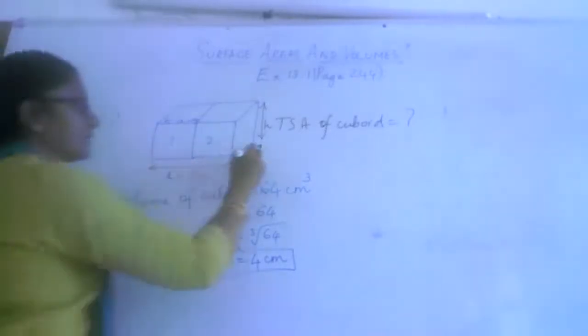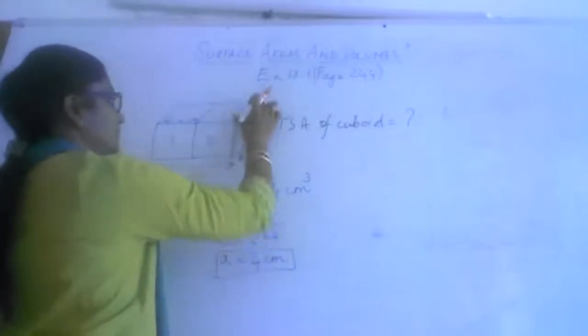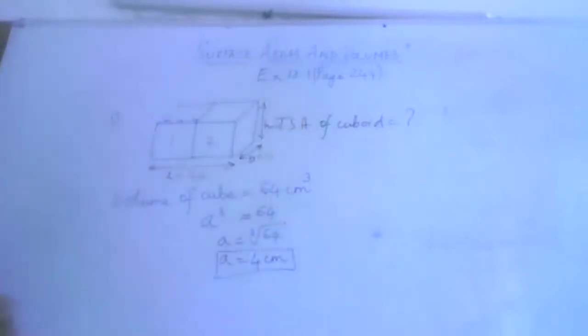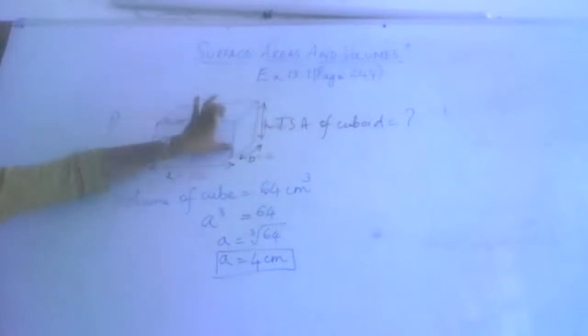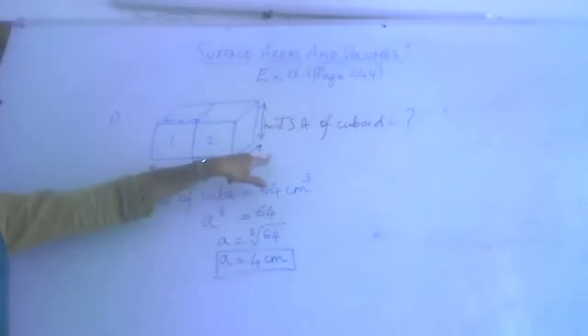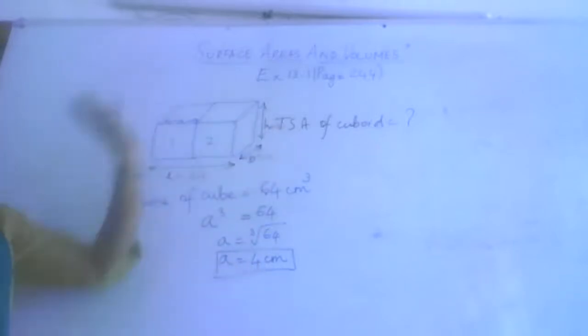What about the breadth? It will be simply A because this is the edge of the cube, and height is also equal to A itself. Because the edge of the cube becomes the breadth and the height of the cuboid. So your L is 2A means it will be 8. Your breadth is again A itself means 4 and the height will be 4.